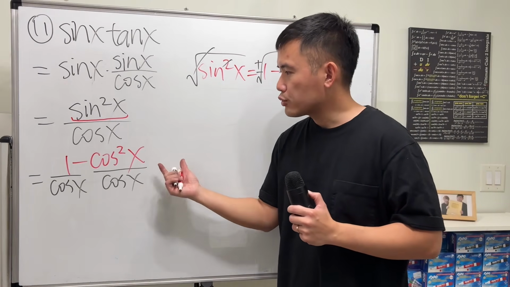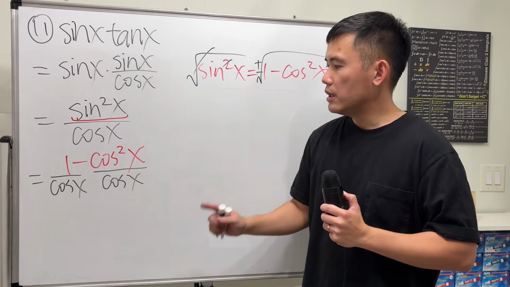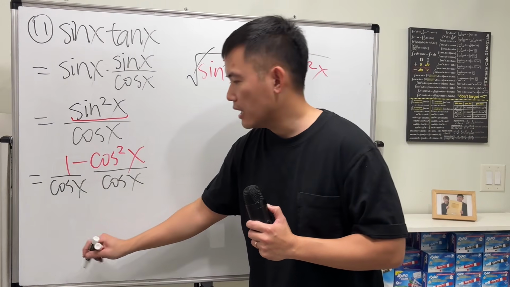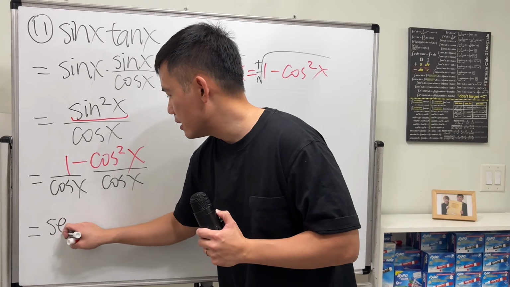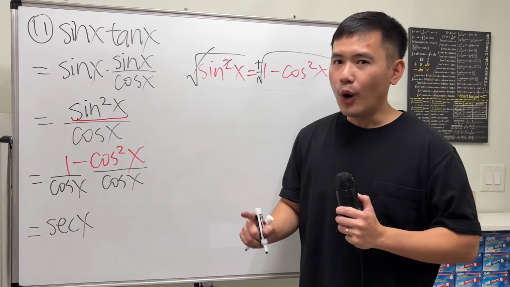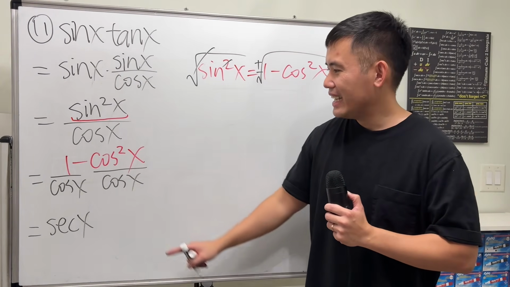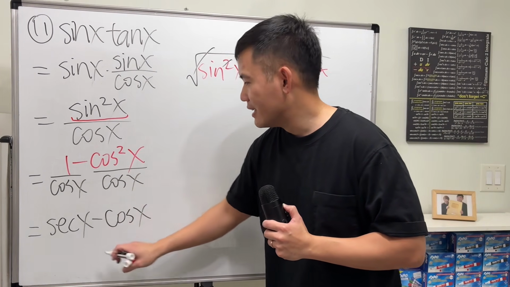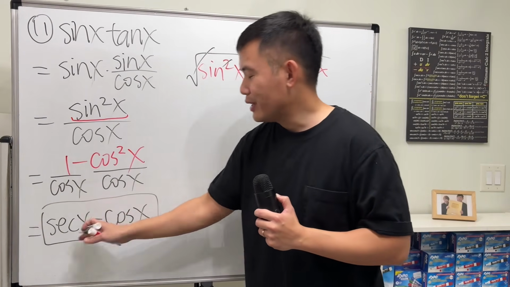Remember, we don't have an extra sine x factor anymore. So in this case, I am actually going to write 1 over cosine as secant, because this is also integral ready. And then reduce this, that's just minus cosine x. So go ahead, integrate this.